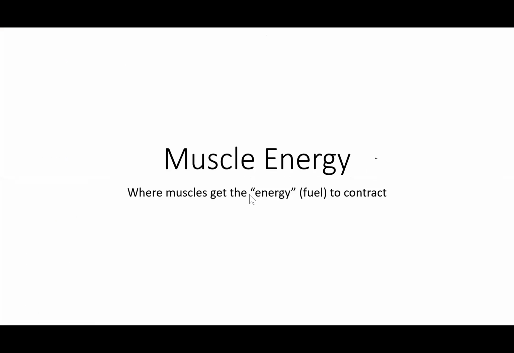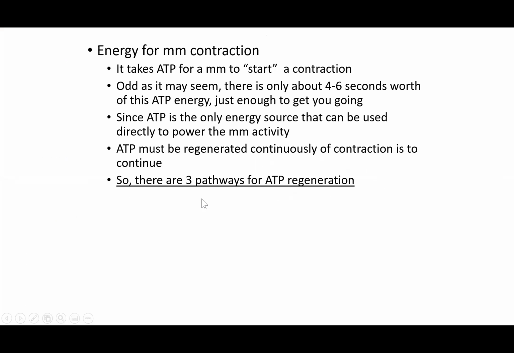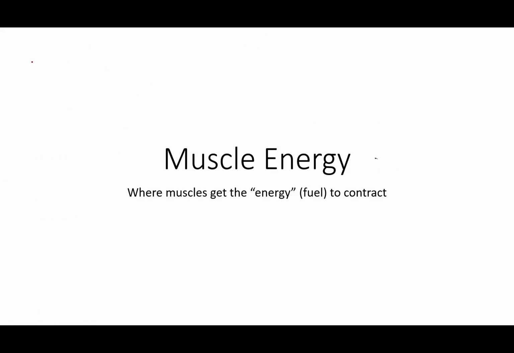Okay, this is muscle energy. So basically, where we get our fuel from and how all the fuel stuff works. We do need ATP in order to function, in order for our body to work. This is our fuel. Here's in a nutshell what happens.